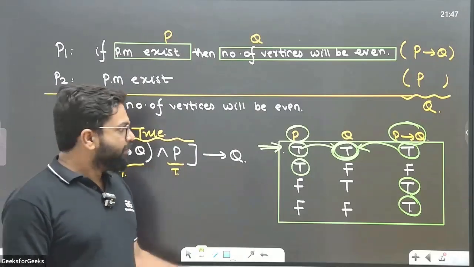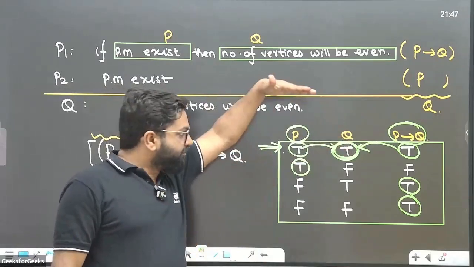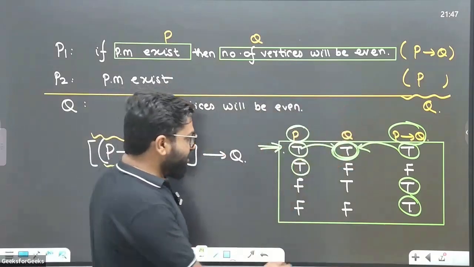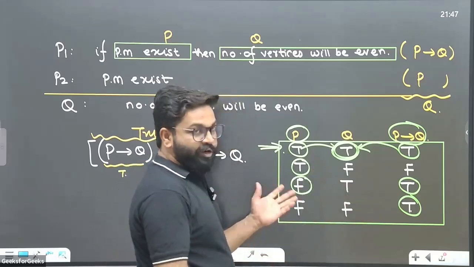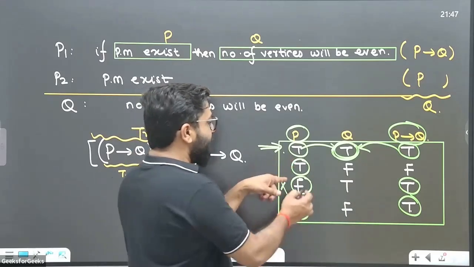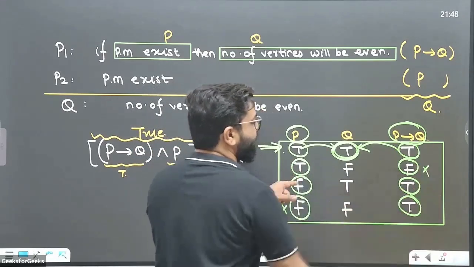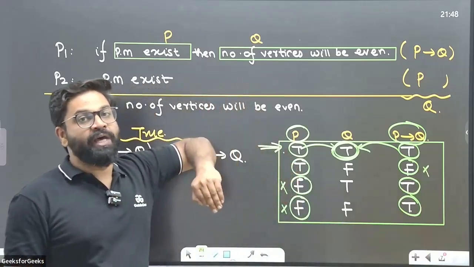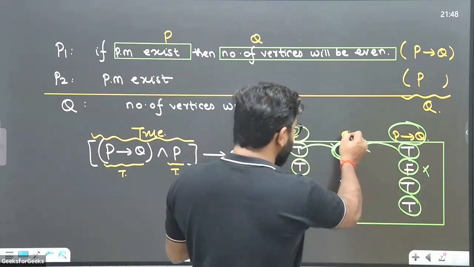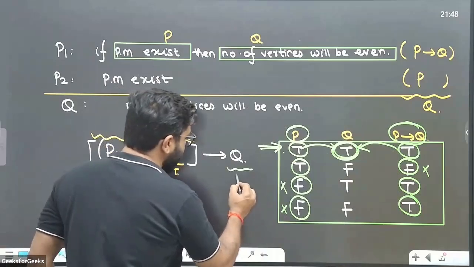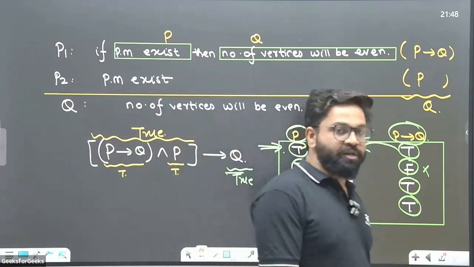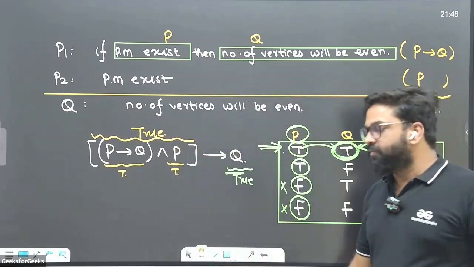I cannot take this row because here the second premise is false, and here the first premise is false. So I have to take those cases where both the first and second premises are true. When both are true, I have to see the conclusion. My conclusion is coming out true. So in that way, it definitely comes under the inference rule.